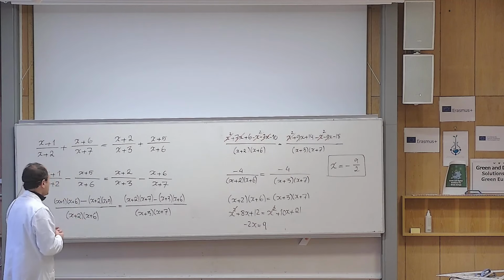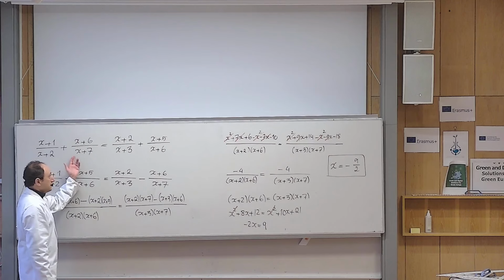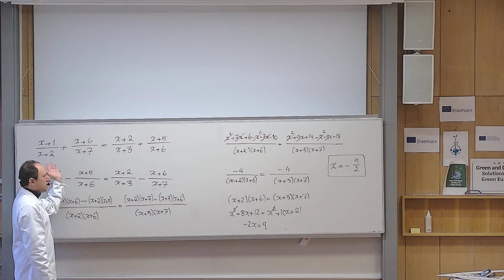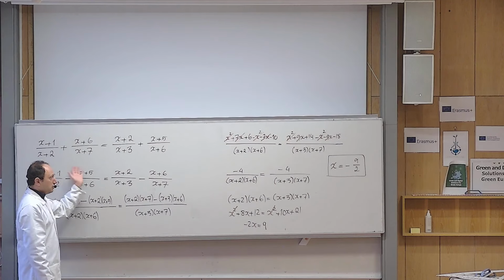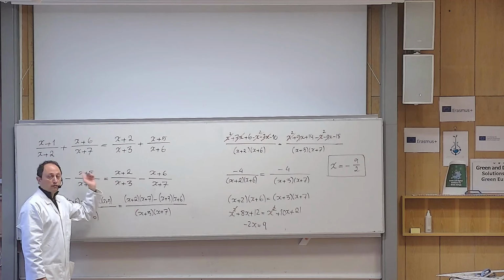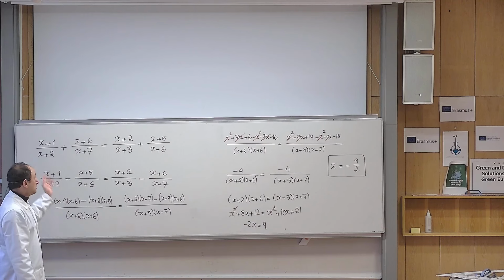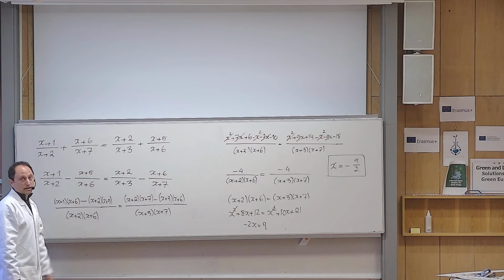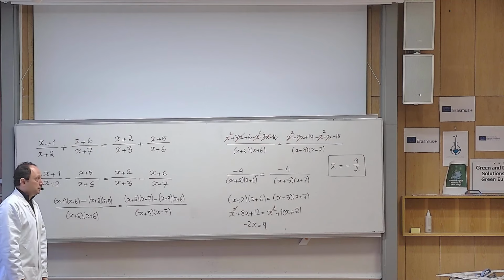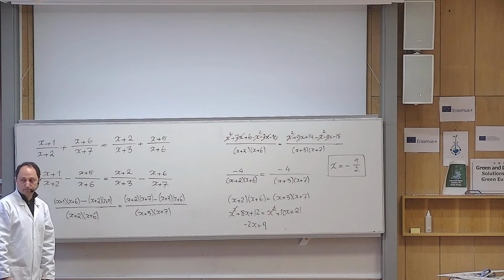I haven't done it myself in the normal way, but you can. I doubt that it is not possible to do it. It will take a much longer time if you want to solve the problem using the method of multiplying both sides by the LCD. But my impression is that this is doable, but it takes much longer time.